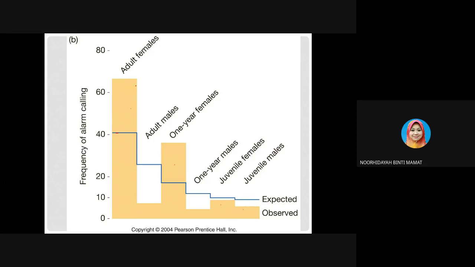As you can see, adult females give the most alarm calls compared to adult males. Even 1-year females give more alarm calls compared to adult males. It also surprisingly shows that juvenile females give more alarm calls compared to 1-year males.